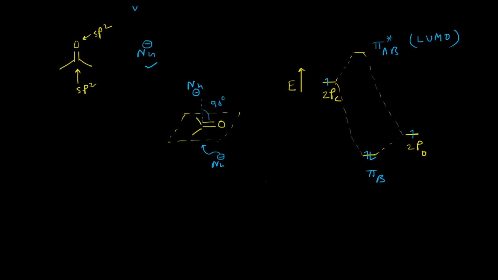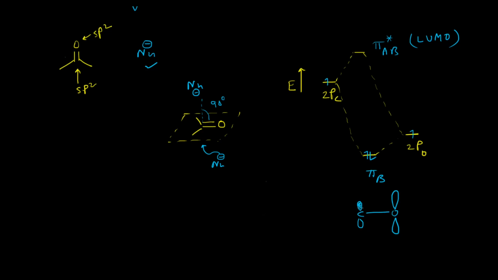Now if we look carefully at the orbital description of the pi bonding orbital as well as the pi star anti-bonding orbital, they will look like this. The orbital coefficient for oxygen will be greater, since this bonding orbital is energetically closer to the 2p orbital of oxygen, and hence the contribution of the oxygen 2p orbital will be greater in the pi bonding orbital.